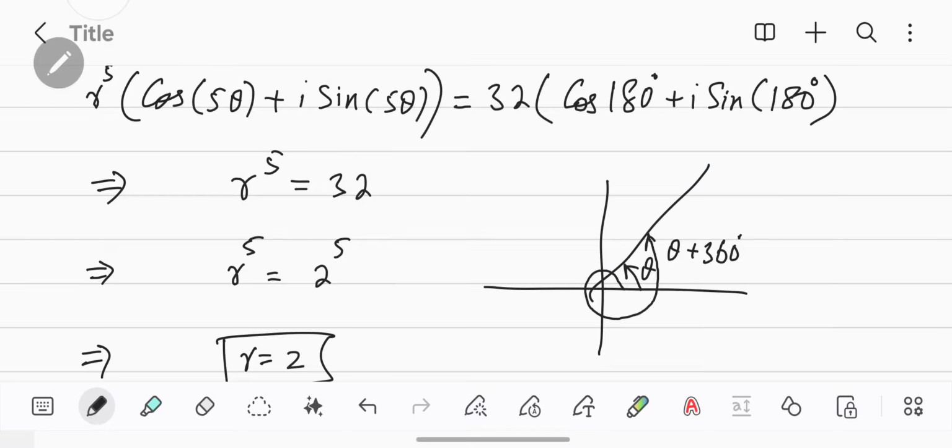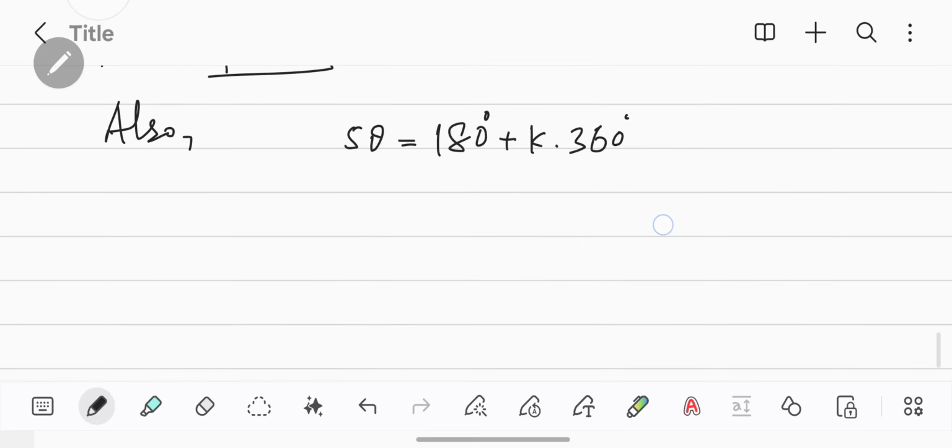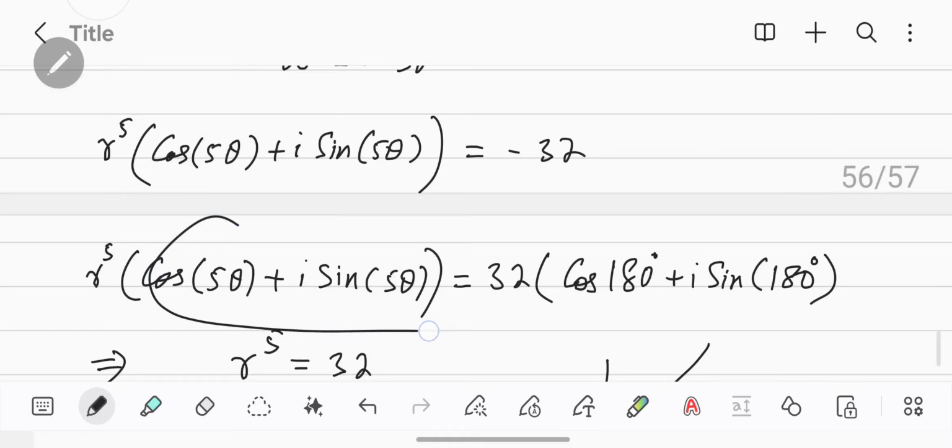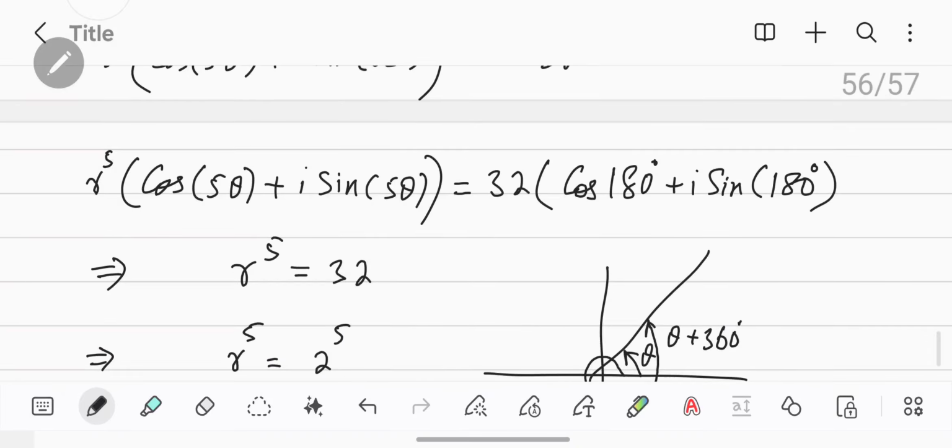So if you add or subtract 360 degrees or any multiple of 360 degrees, you can add 2 times, 3 times, and similarly subtract 2 times, 3 times.